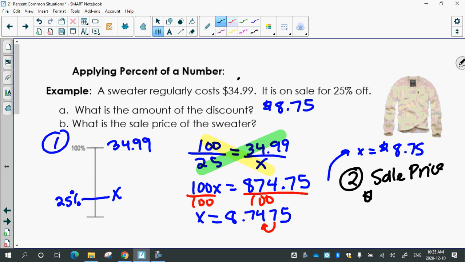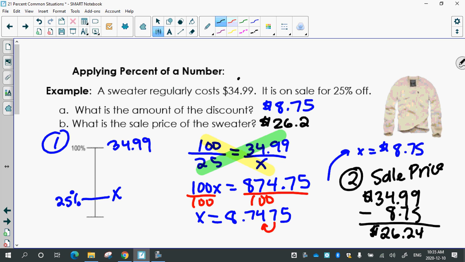So you're going to go $34.99, subtract $8.75. 26.24. So what is the sale price of the sweater? $26.24. Okay?